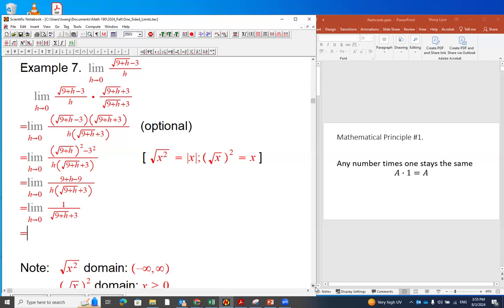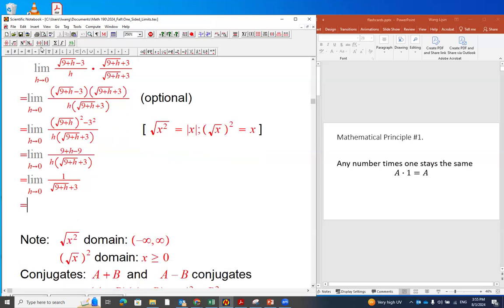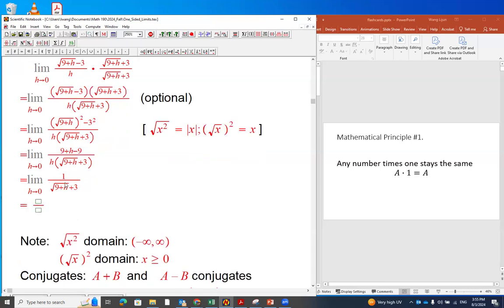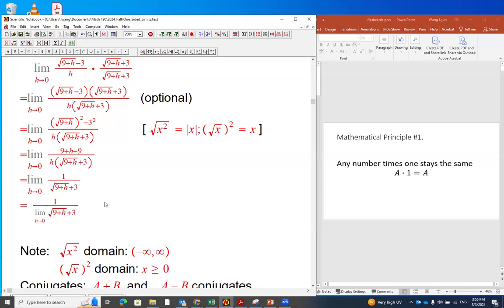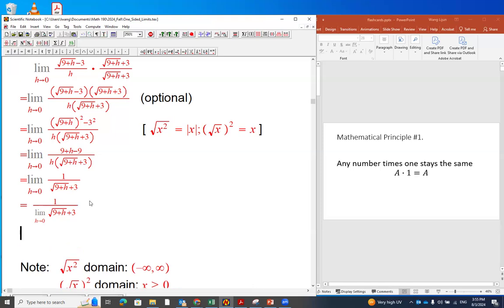Some people like to write it this way, which is okay. The limit of 1 is 1. So some people would like to say, hey, I'm going to bring this limit to this form. Basically, you take the limit on each individual term. Boom. That's not going to make any difference, right?